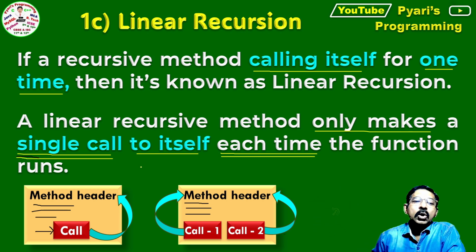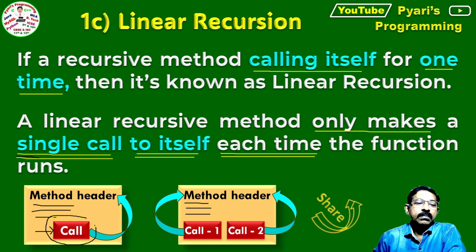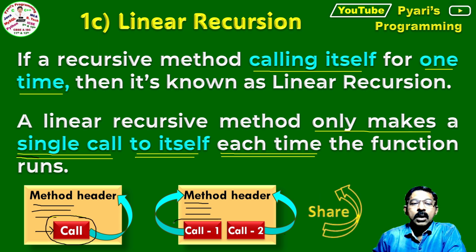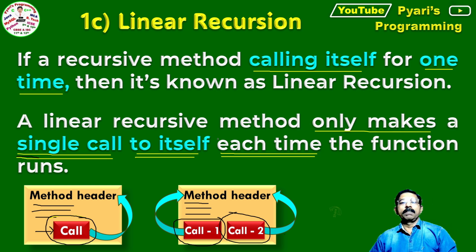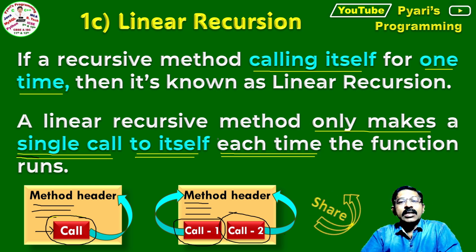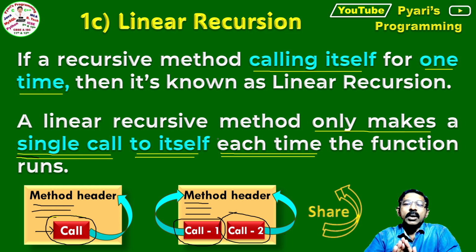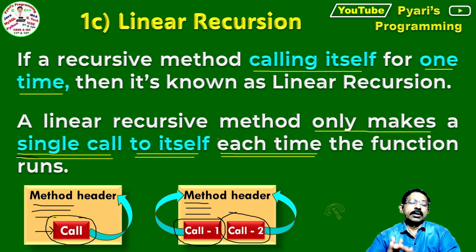Single call to itself: this is my single call to itself. This is multiple calls to itself. More than one call is available. Hope everybody has understood. When you see the program and its diagram, you will be clearer about it.